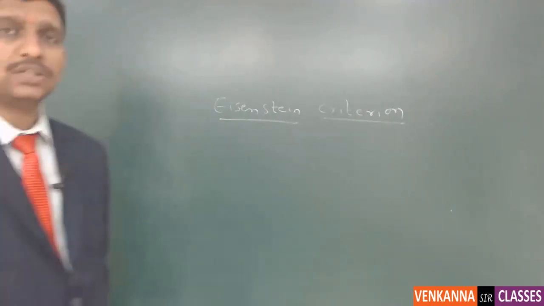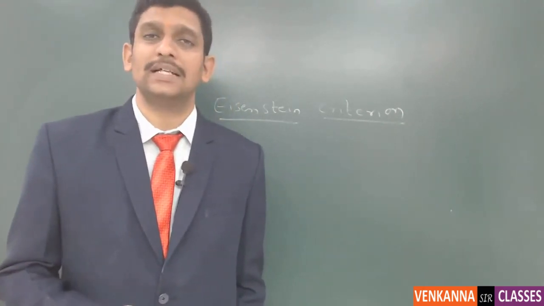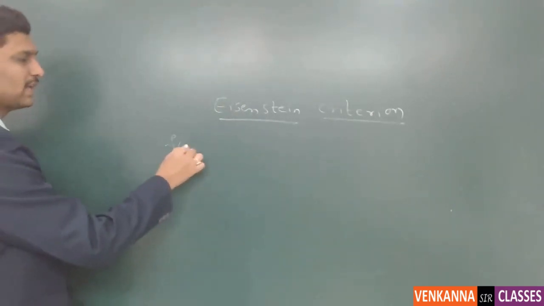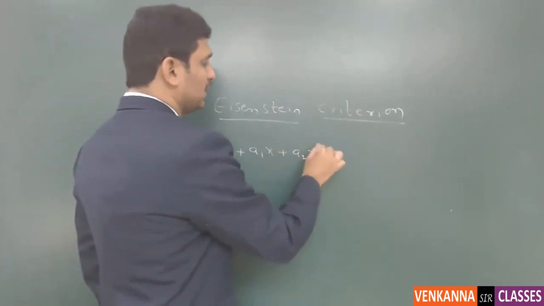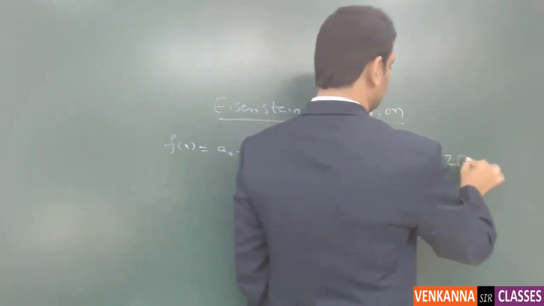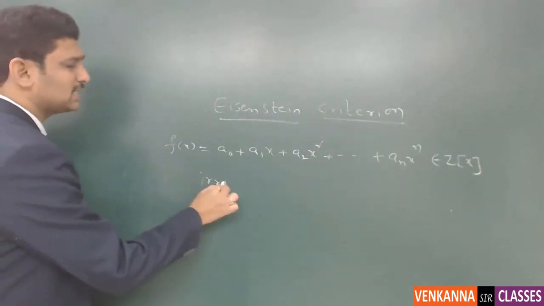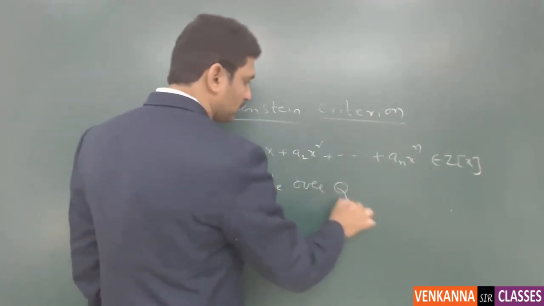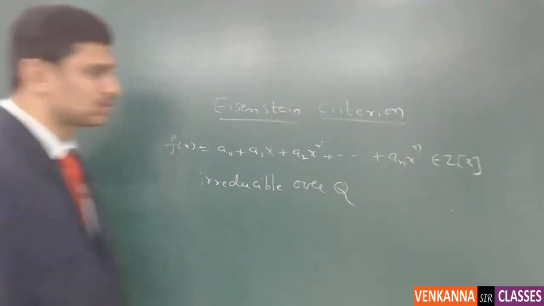This is a technique useful to verify whether a given polynomial is irreducible or not. Suppose I have taken the polynomial f of x equal to a naught plus a1 x plus a2 x square plus so on plus an x power n belonging to Z[x]. I want to know whether this polynomial is irreducible over Q. So over the rational numbers, I want to verify whether it is irreducible or not.